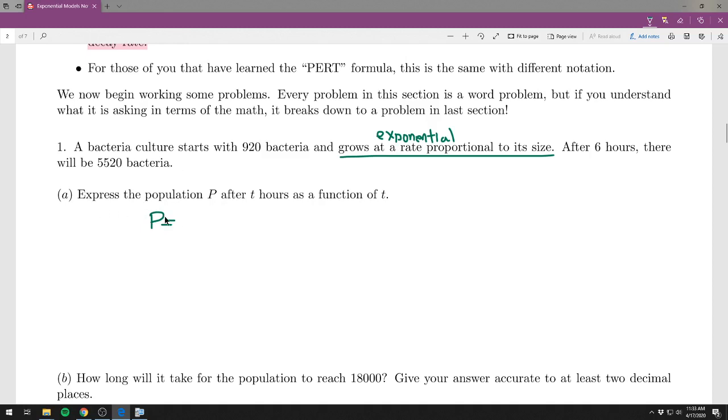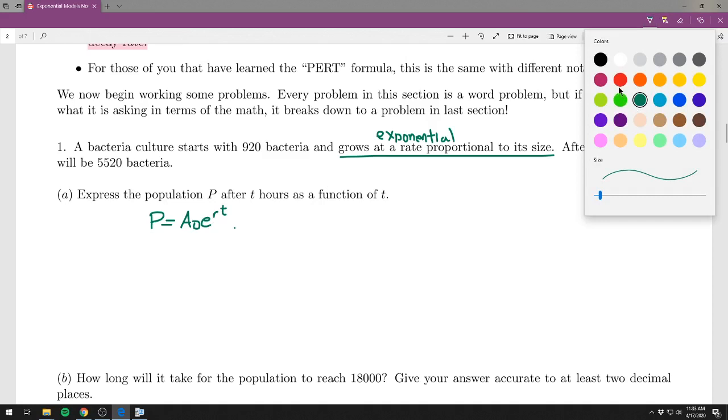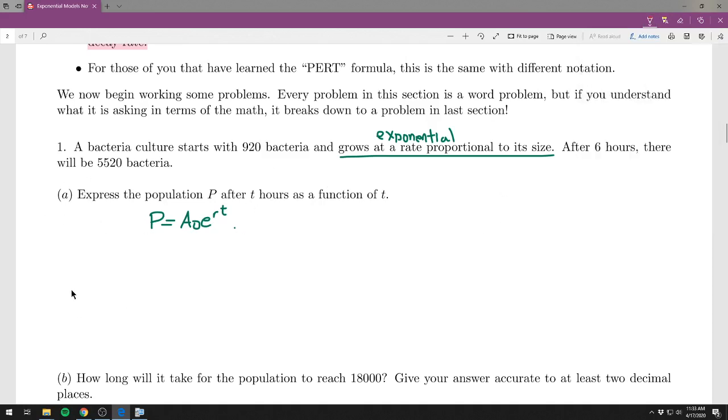P, because we're told, equals a0 e to the rt. All right, and remember what I told you at the beginning. If we want to figure out the equation, which is what it's asking us to do here, we want to know what is a0 and what is r. We figure these two out, we plug them in, and that will be our equation.